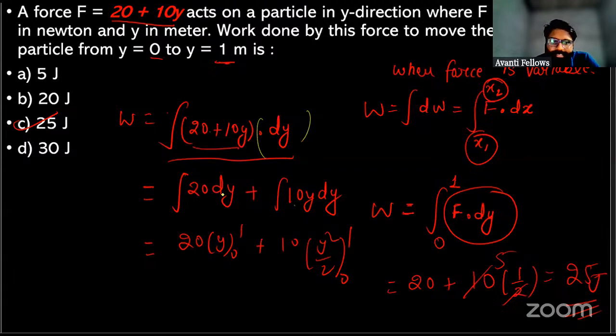Now we have just integrated, so 20 is a constant, integration of dy will become y, limits are 0 to 1. Similarly, integration of y dy will become y square by 2, limits are 0 to 1. When you put the value of limits, it will be 1 minus 0, 20 into 1 minus 0 will become 20, plus 10 into y square by 2, yani 1 square by 2, yani half, minus 0 square by 2, which is 0. So half minus 0 will become half. Half say we can cancel this. 2 5s are 10. So 20 plus 5 will be 25 joule. Okay? So that is the answer.